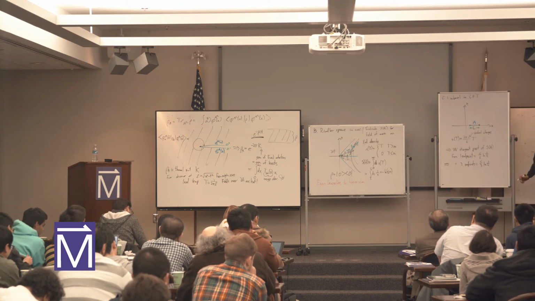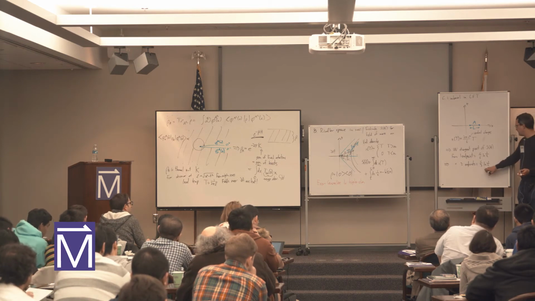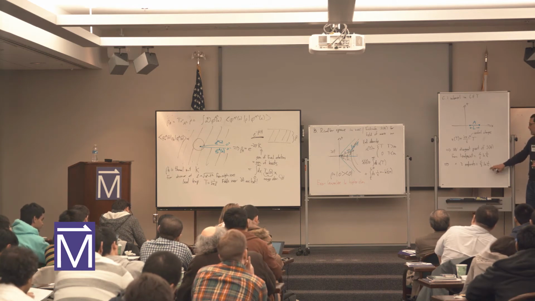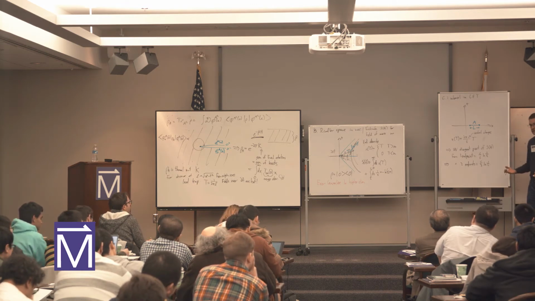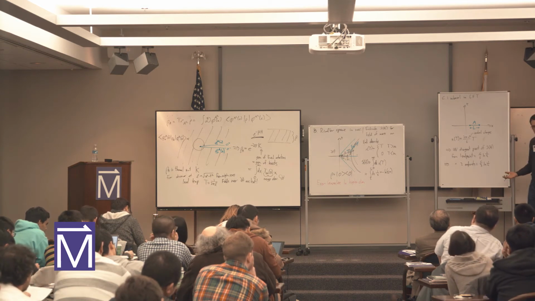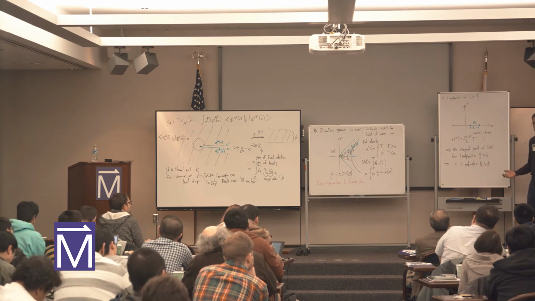Now, of course, this log here is not too happy because its argument is dimensionful. We know that the entropy is dimensionless. What other scale do we have? It's a CFT. The only other scale we have is the length of the interval.